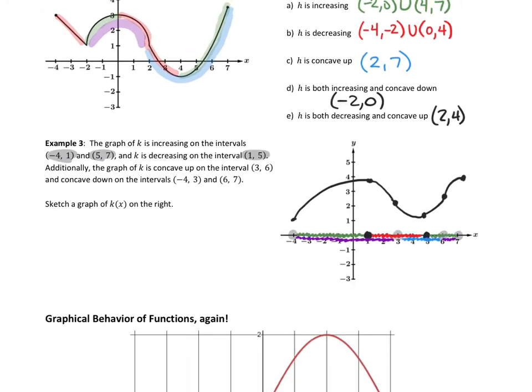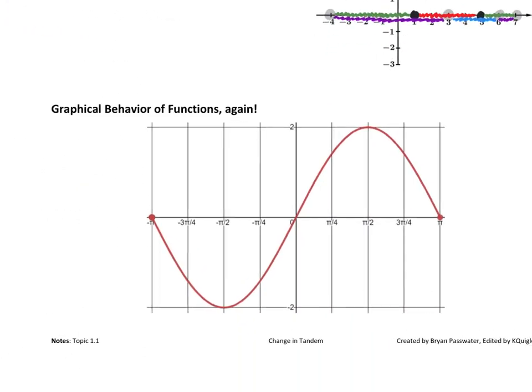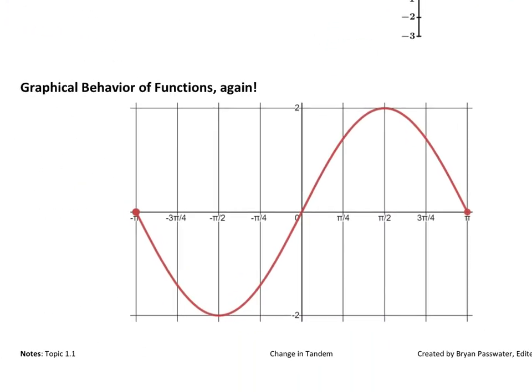That's a lot. So let's put it in that color code one more time. This is a sine function. When we get into our trig unit, which is our 3rd unit in this class, I'll actually explain more about this. However, what we're going to do is talk about concavity and increasing, decreasing here. So first, whatever color you've used or however you've shown that it was increasing, which section of this graph is increasing?